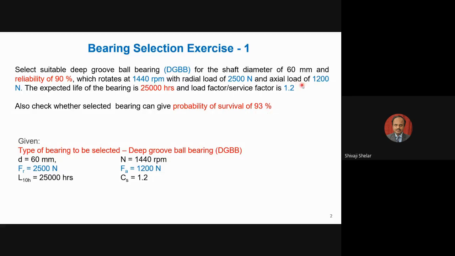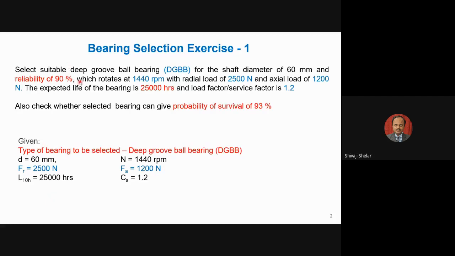Okay, so we are again summarizing the given data here. The most important is that the type of bearing is already mentioned, a deep groove ball bearing that you have to select here. Where you are mounting this bearing, the shaft diameter at that location is 60 mm. The speed of that shaft is 1440 rpm. The radial reaction where it is being supported is 2500 Newton and the axial reaction at that point is 1200 Newton.